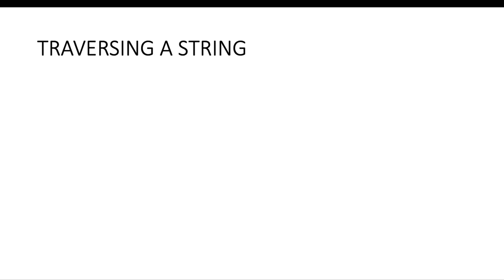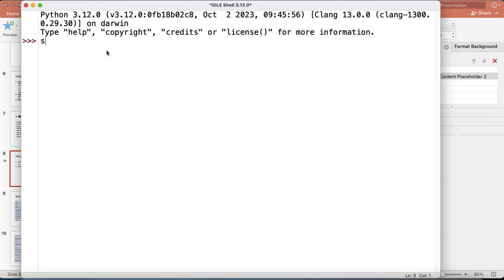So next is traversing a string. The first way is string traversal using a for loop. We'll see an example. Suppose our string is str1, and you can name it anything. Using a for loop, how can we traverse? For ch in str1 colon.